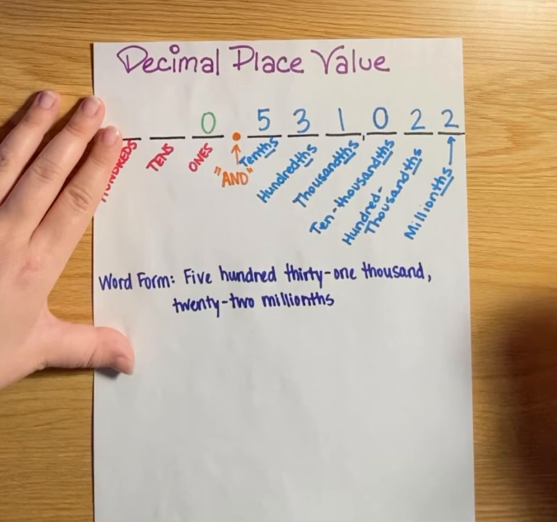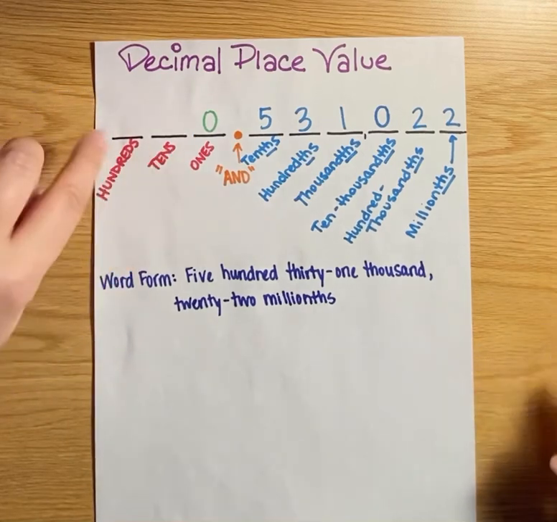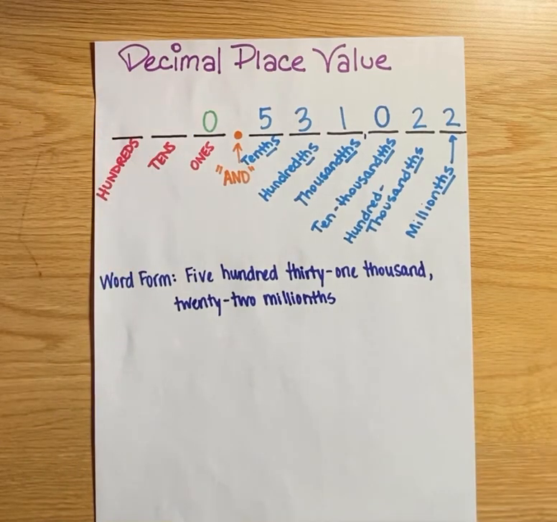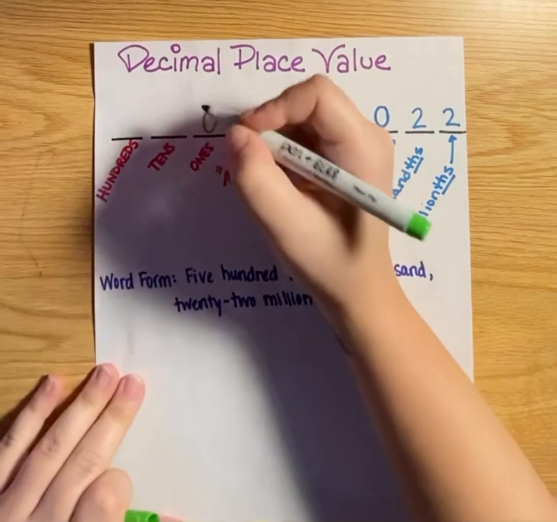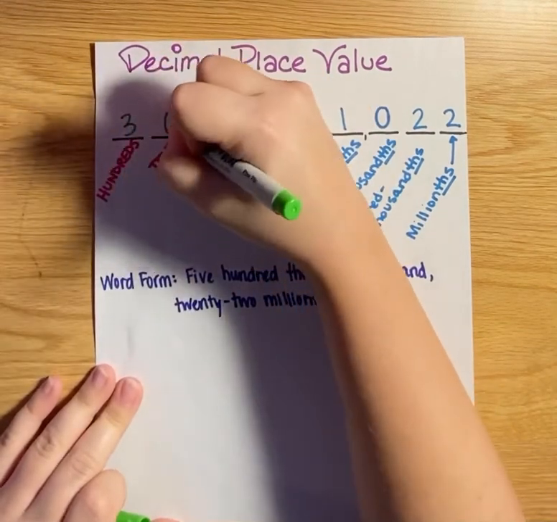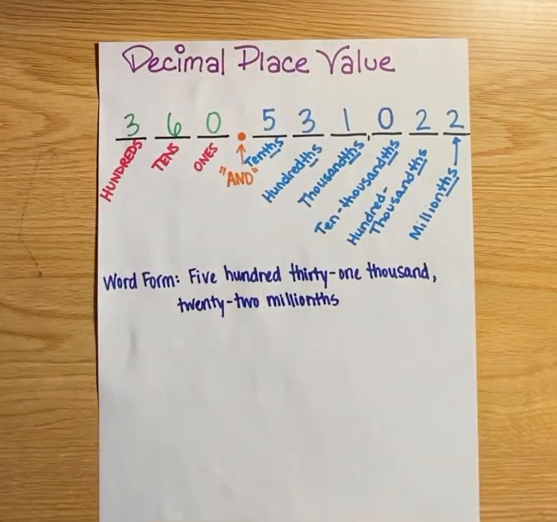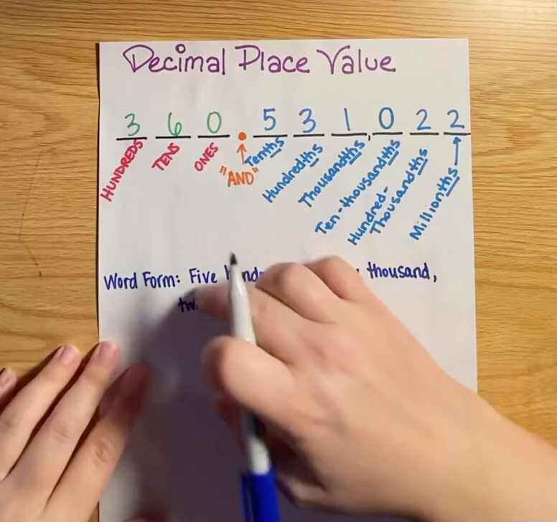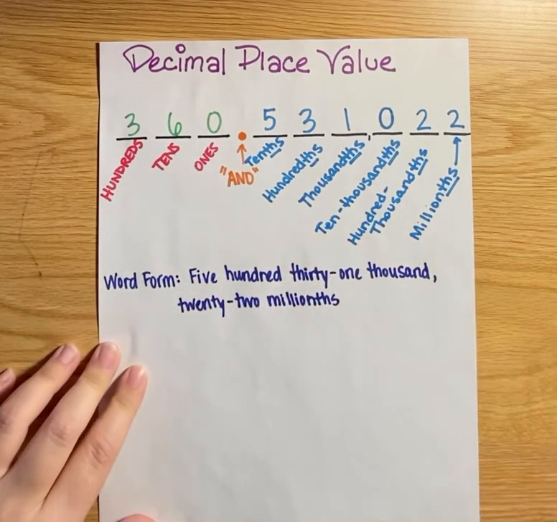Now, if we are talking about a number that has something before the decimal, let's say we have 360. What we would do with that word form is put that 360 before and put "and" before we start to read our decimal. So we're going to have the same label for our decimal.